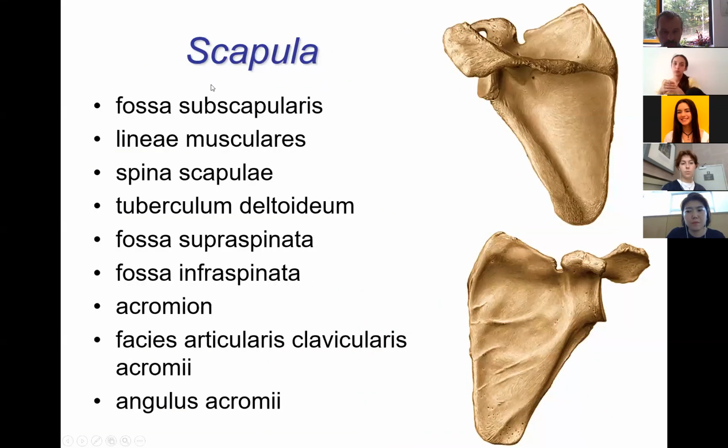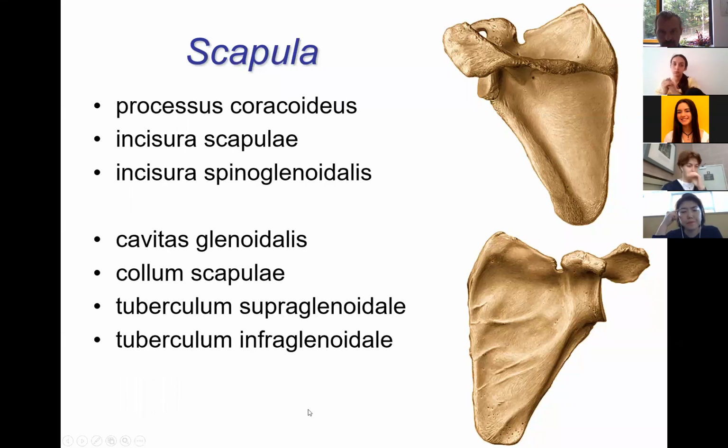Okay, so then we have gone through all these terms, and the last ones are here and the most complicated. So coracoid process. Corax is a raven, a kind of bird, and the structure is called coracoid process.